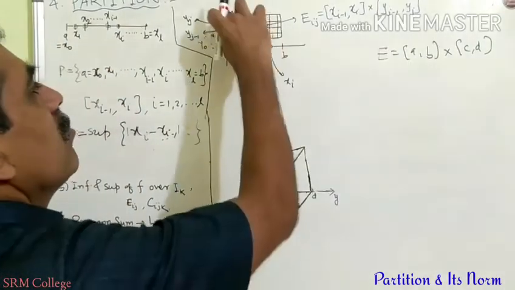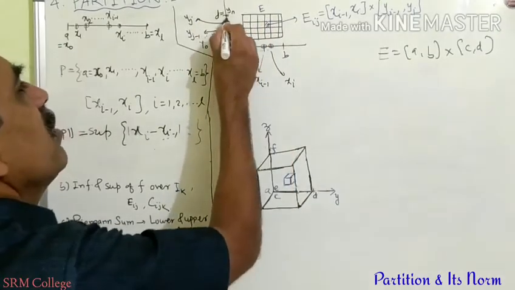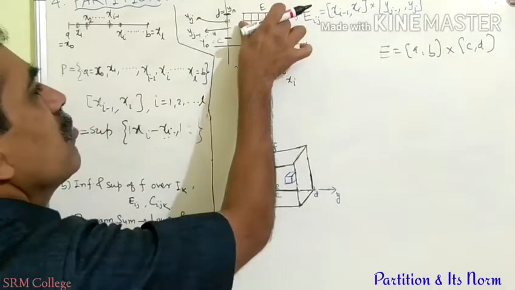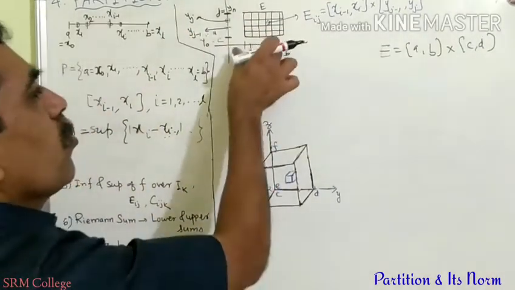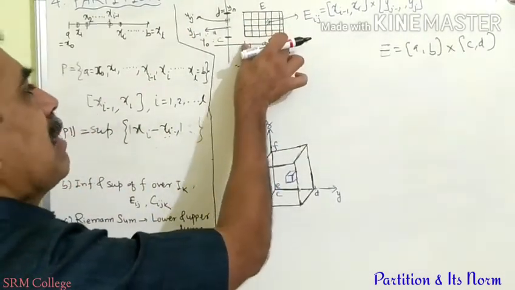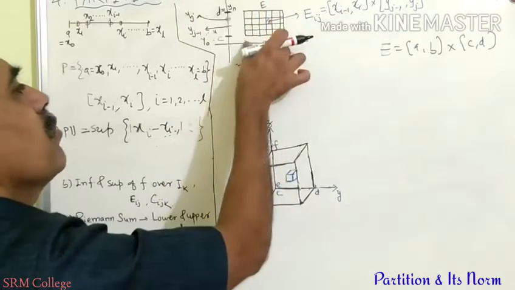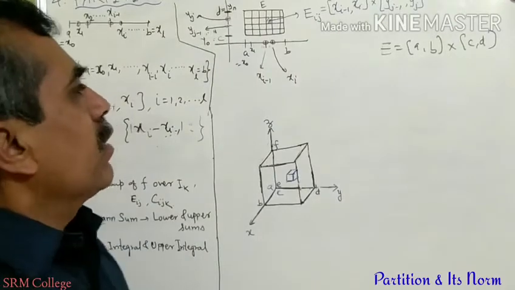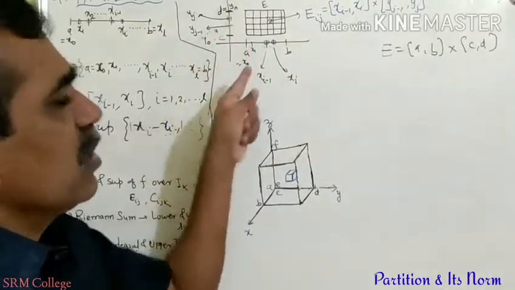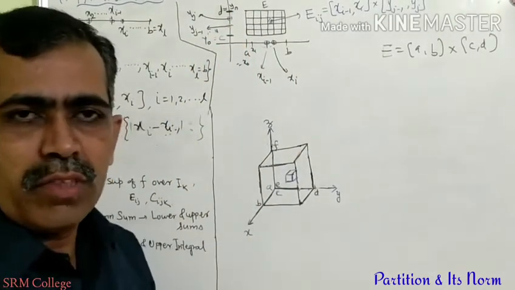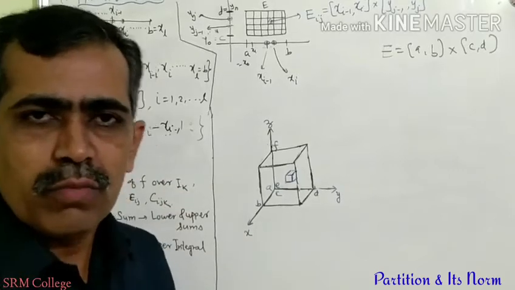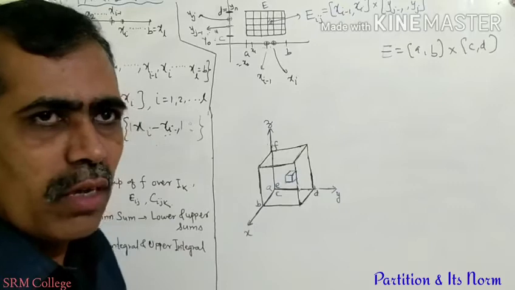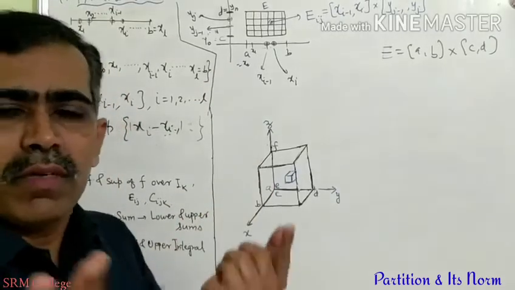This is AB, this is CD, and the cross product of this line segment and this line segment is the rectangle E. This is also called a closed interval in R2. To partition this means to make small parts of it. As it is a rectangle, its small parts will be sub-rectangles.